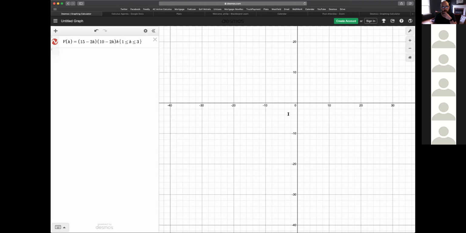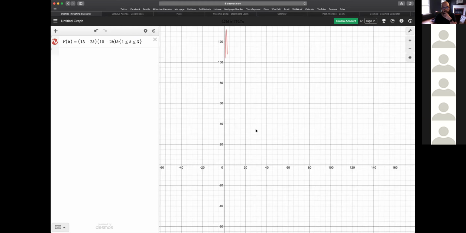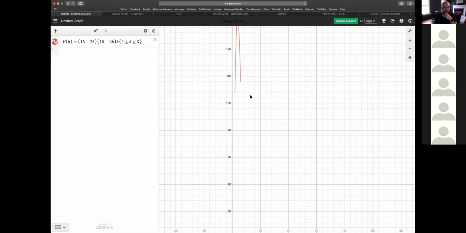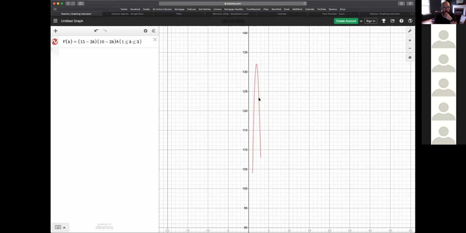So we are over here. It seems like our maximum volume is going to occur when we have these values.